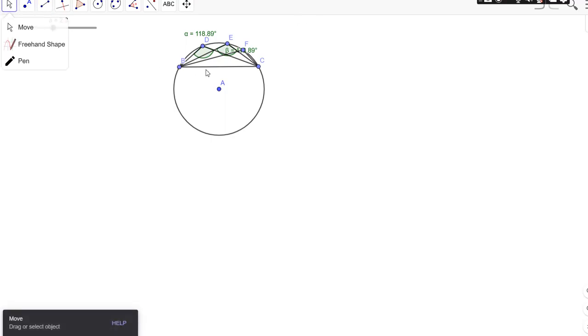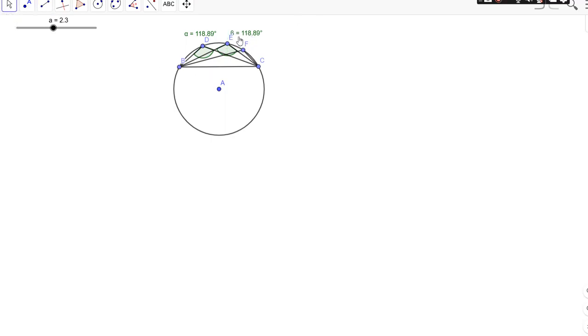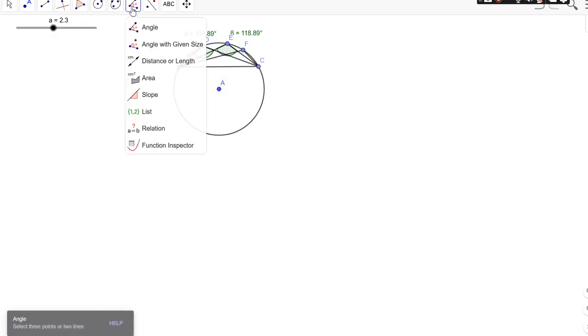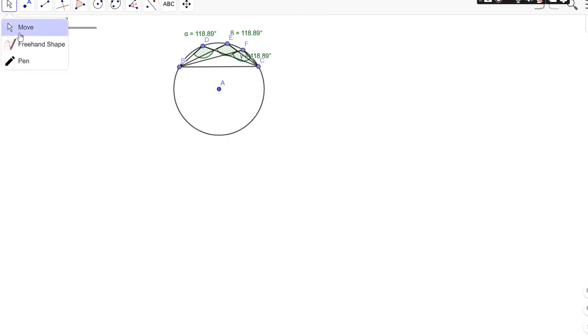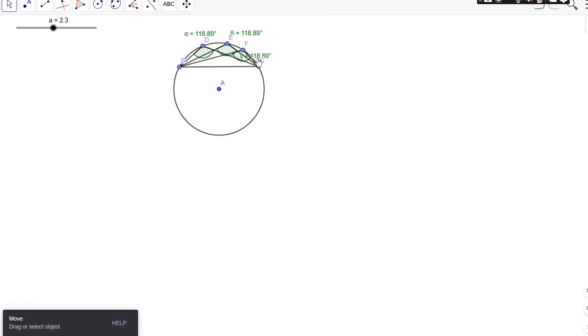I'm going to move the value so that it would be clearly visible to you all. Now measure this angle, angle BFC. Yes, dear students. So what is the measure of the angle? It's again 118.89. So what we observed is that angles in the same segment are equal in measure, whether it is minor segment or major segment.